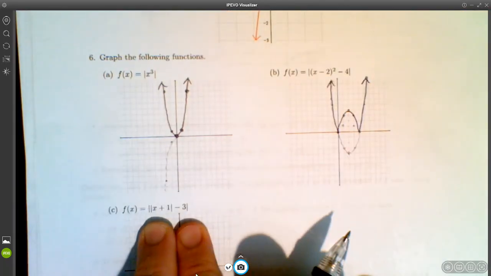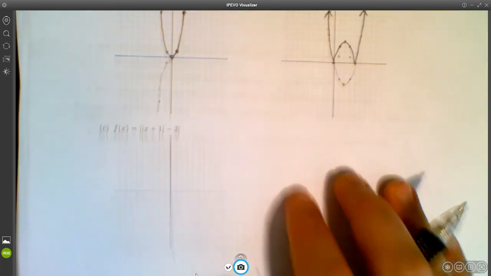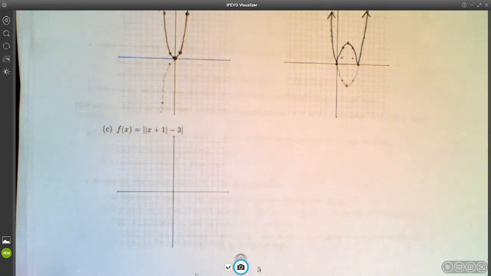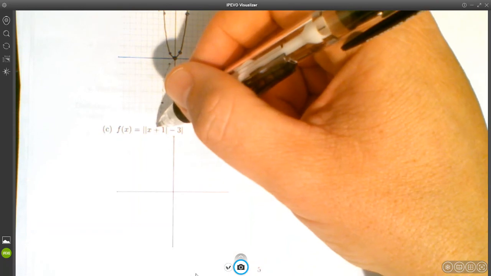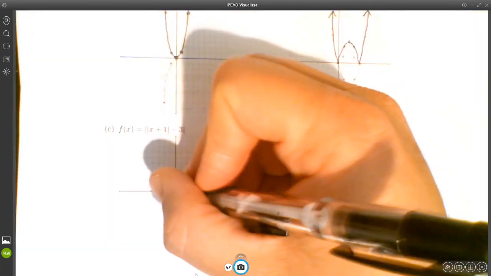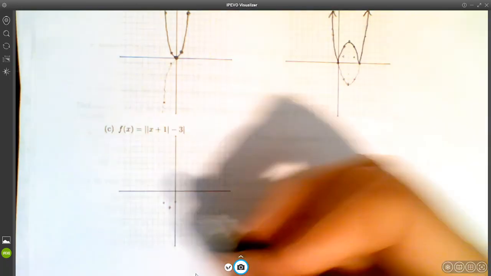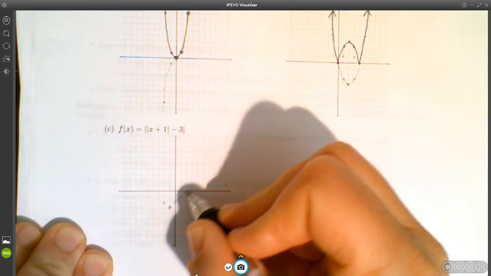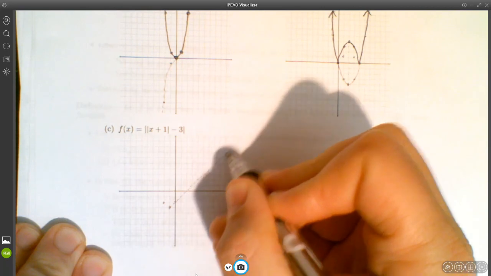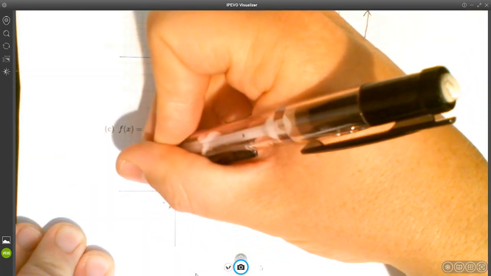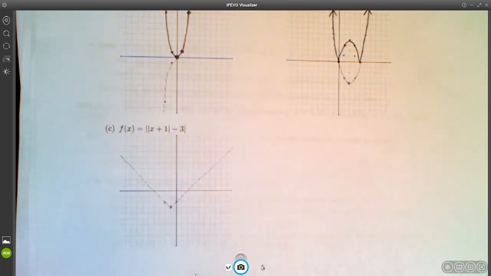Oh, let's look at this crazy absolute value inception. You could graph this by using the piecewise definition of absolute values to figure out what's going on, but I'm just going to graph this function. This is an absolute value function shifted left 1, down 3. So it's going to look like this. This is what the function would look like without the absolute values around it.